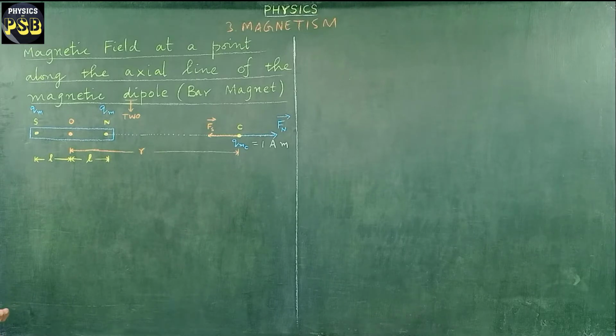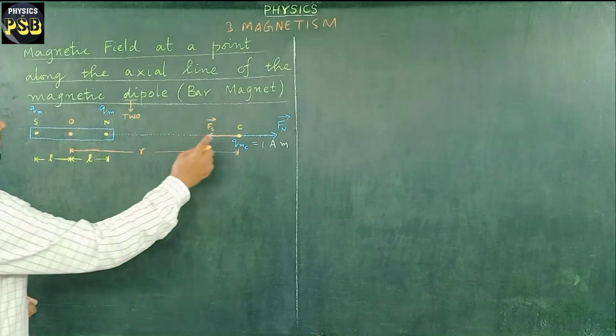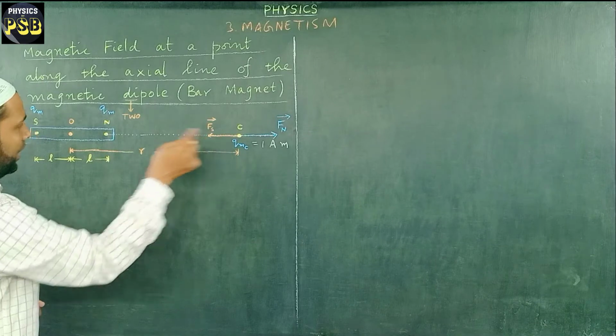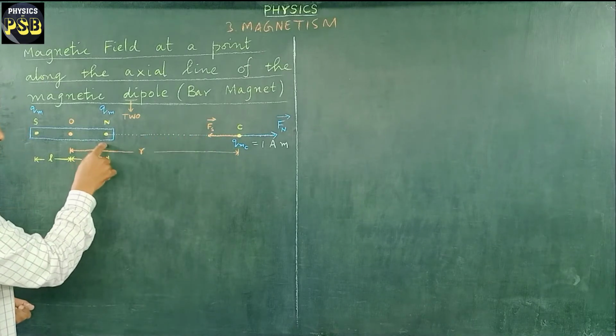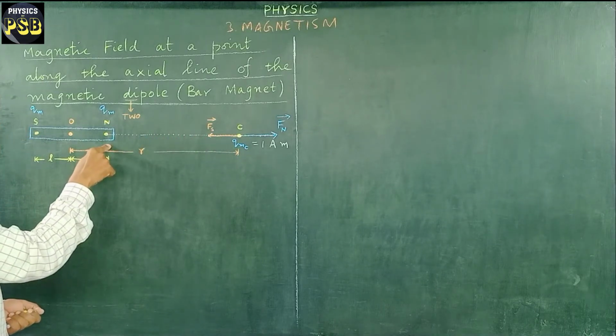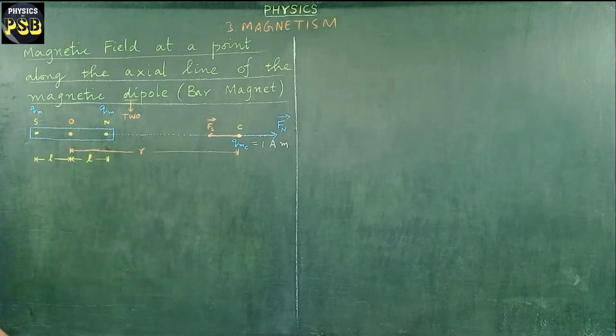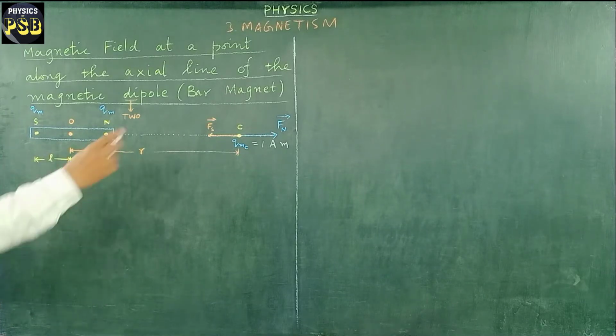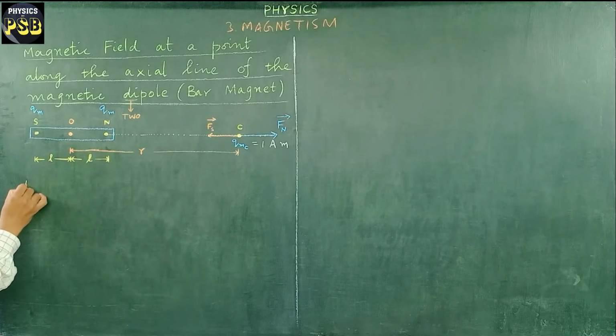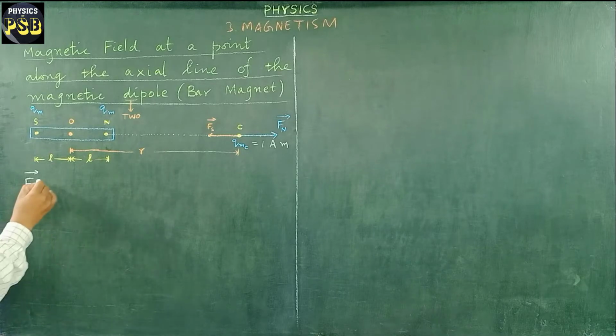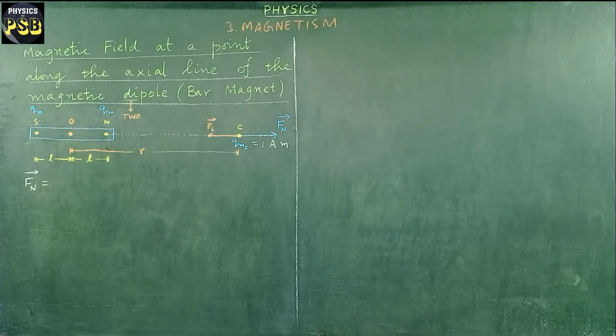Now the force that exists between the unit north pole and the north pole of this bar magnet is a repulsive force, and it is represented as Fn vector. This force is obtained with the help of Coulomb's inverse square law.